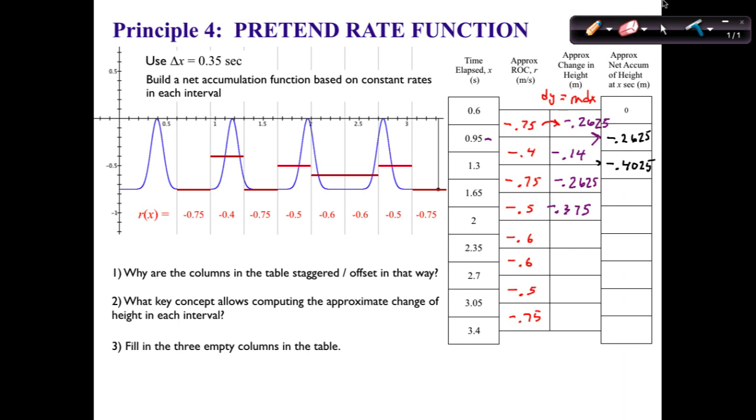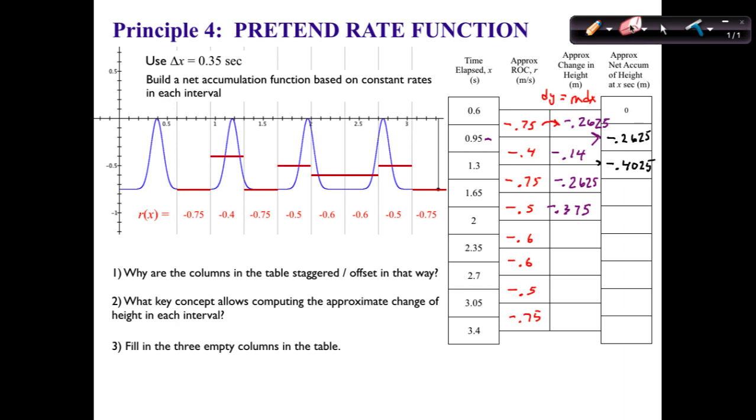And then at 1.3, I have all this change in the height from before, and then I got a new amount of change in this next interval. So my accumulated change. Accumulation means it's a running total of changes in height. Is it 0.175?